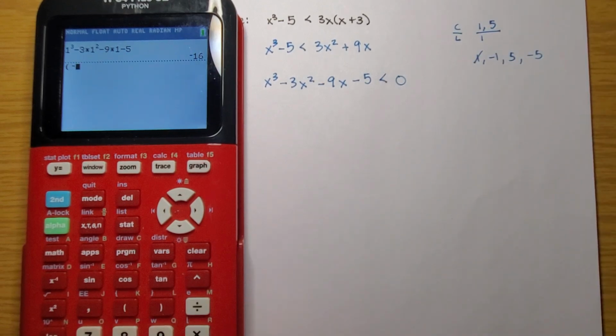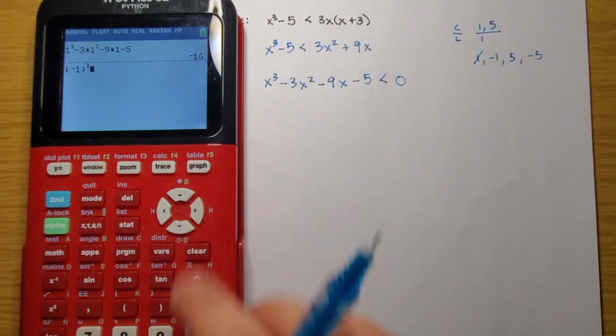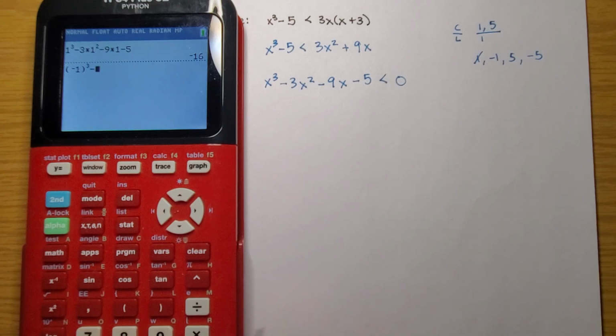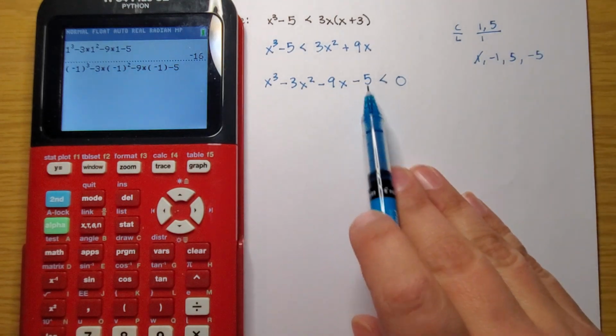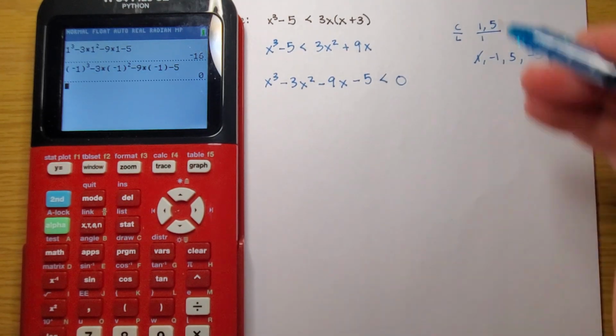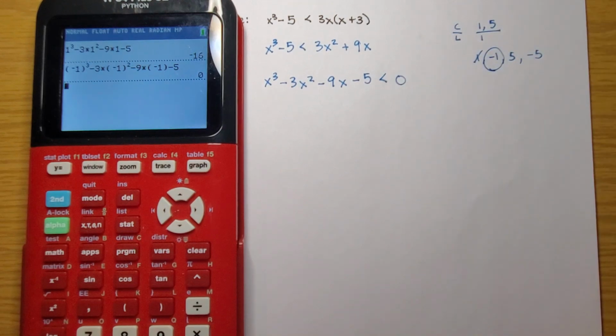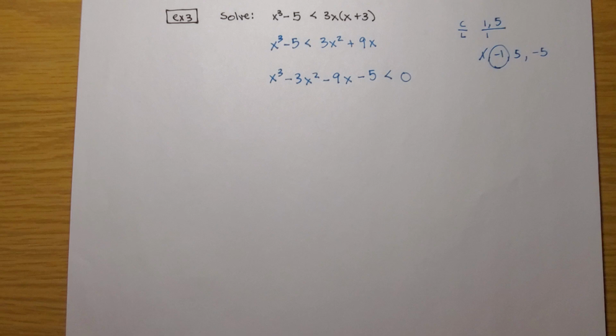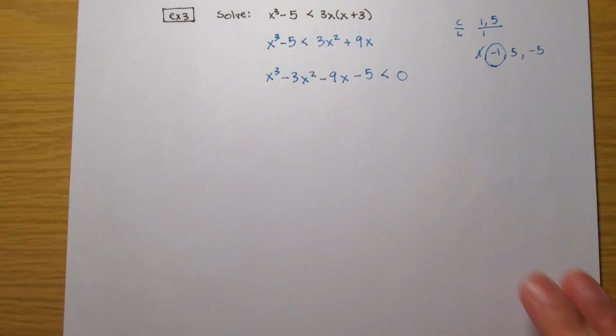Let's try -1. -1 cubed minus 3 times -1 squared minus 9 times -1 minus 5. So I'm plugging into the polynomial here. Ha! So that's my candidate. Let's go ahead and divide by that, and then we'll come back up here.